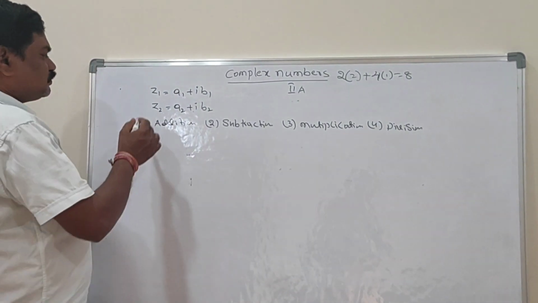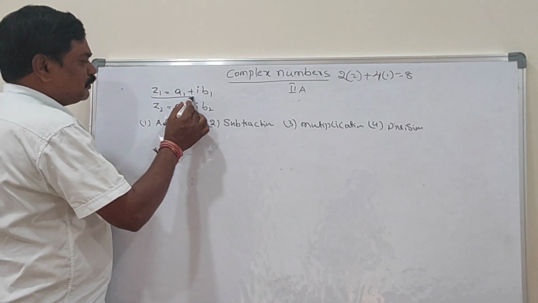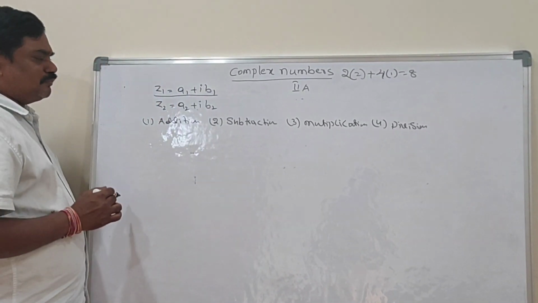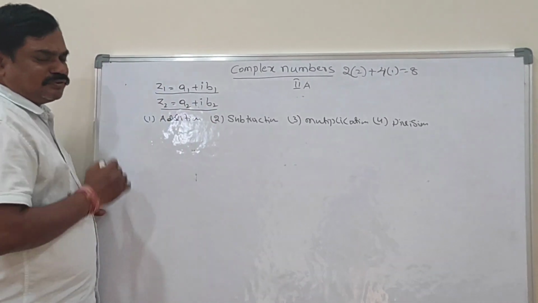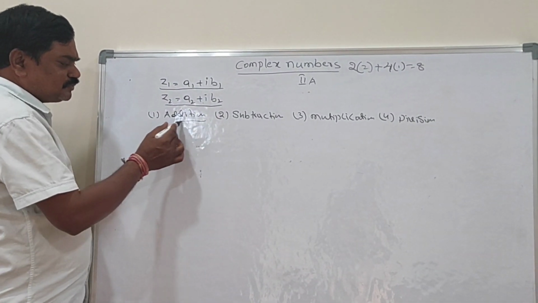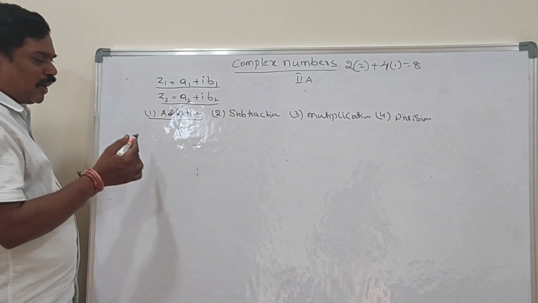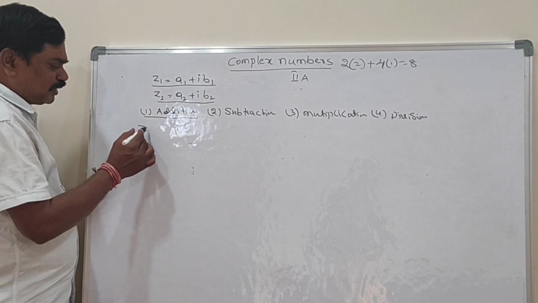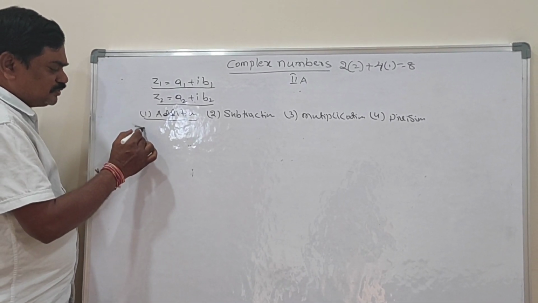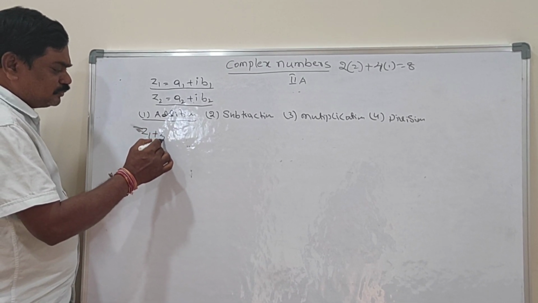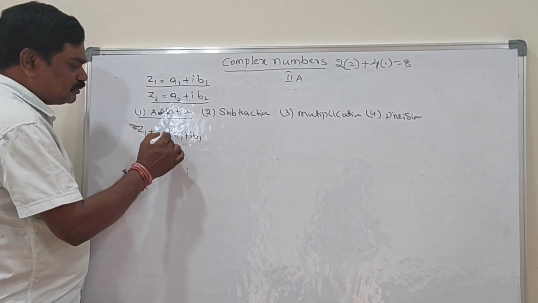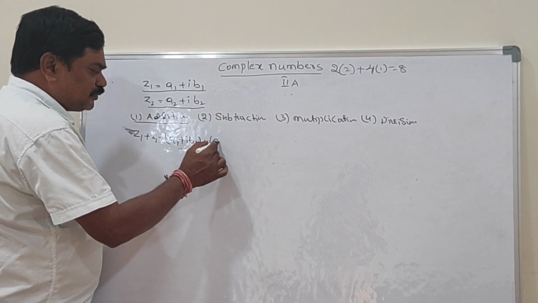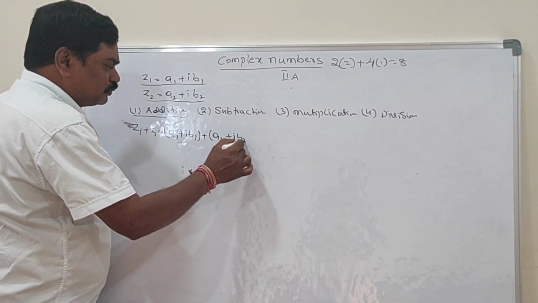Suppose z1 is equal to a1 plus ib1, z2 is equal to a2 plus ib2. First, addition. z1 plus z2 is equal to a1 plus ib1 plus a2 plus ib2.